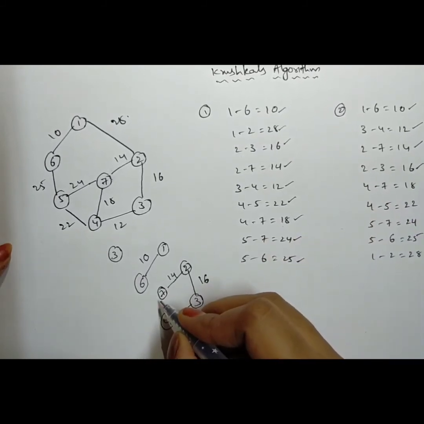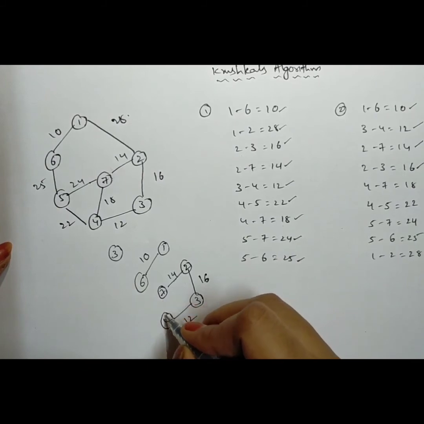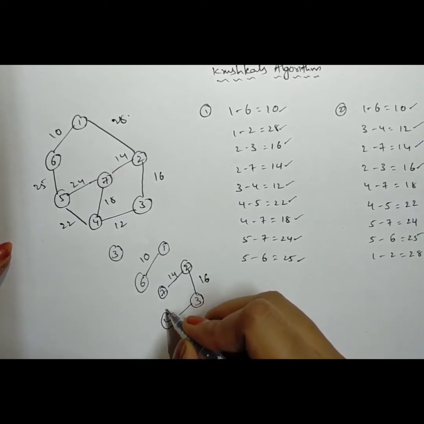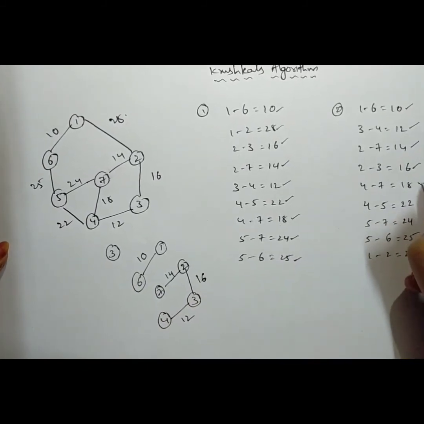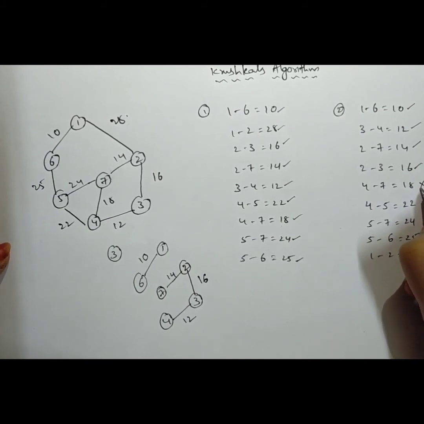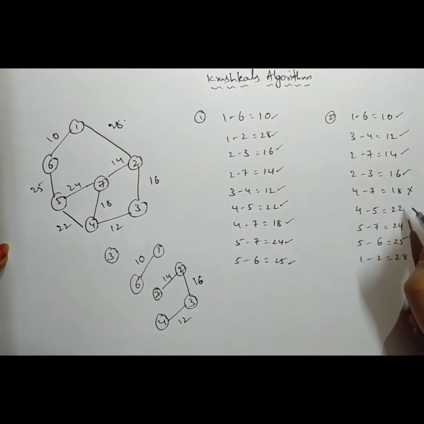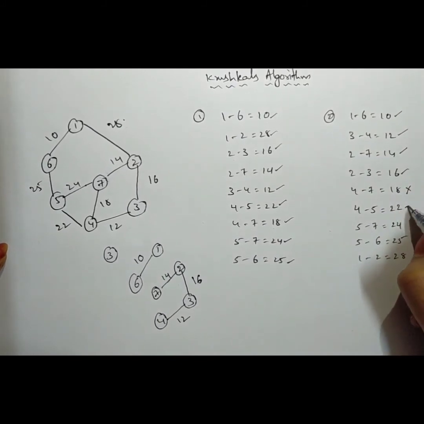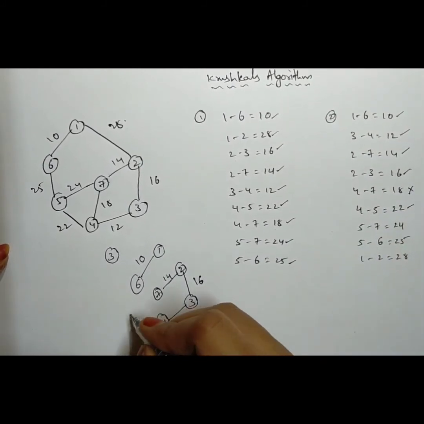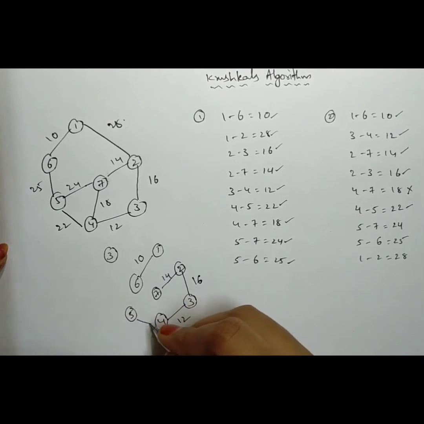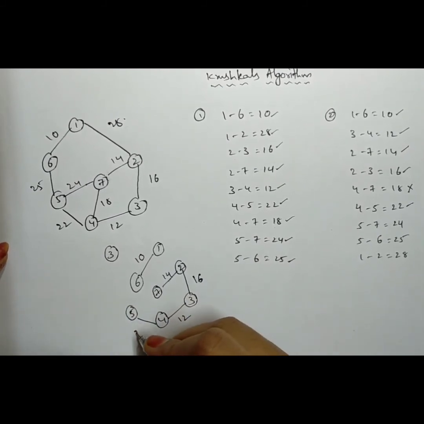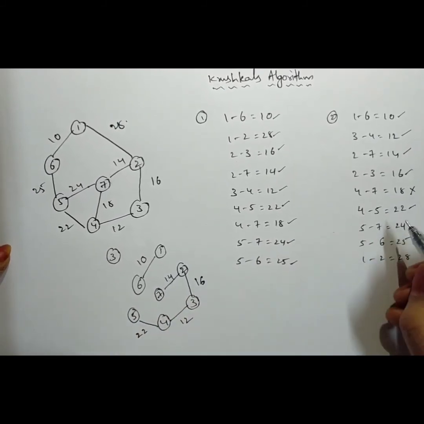See, if we consider the edge 4 to 7, there is a chance of forming a cycle. So I am discarding this edge to avoid the formation of a cycle. Now consider the edge 4 to 5 with a weight 22.